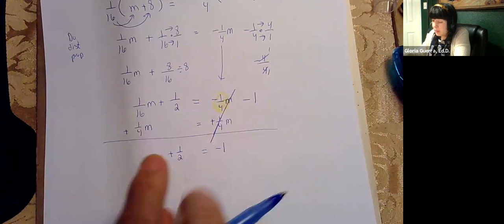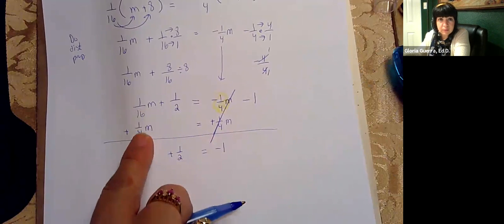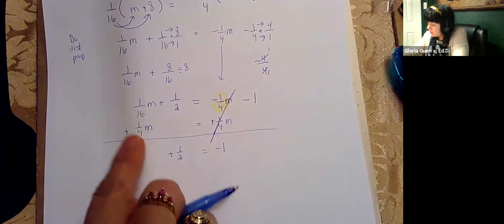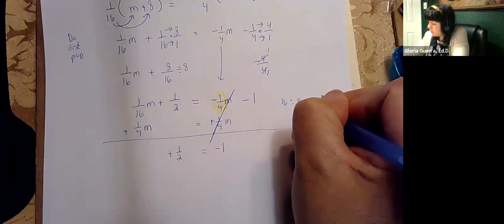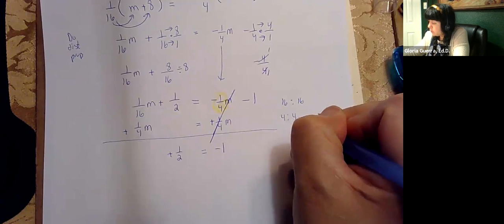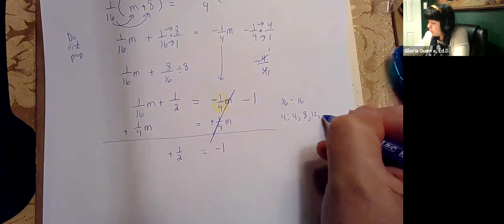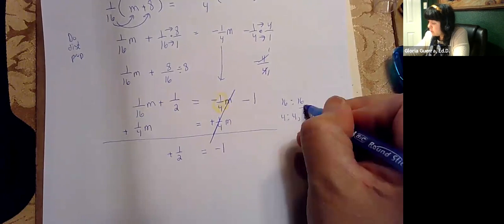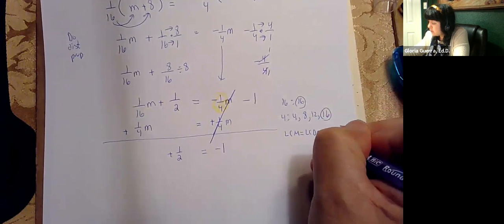But whenever I add and subtract fractions, I have to find the common denominator, and it looks like the denominator is 16. 16 times 1 is 16. 4 times 1 is 4. 4 times 2 is 8. 4 times 3 is 12. 4 times 4 is 16. You see how these match? So the least common multiple, which is the least common denominator, is 16.